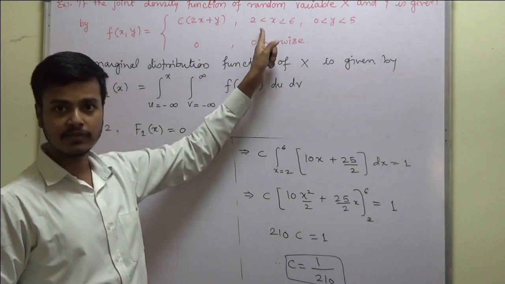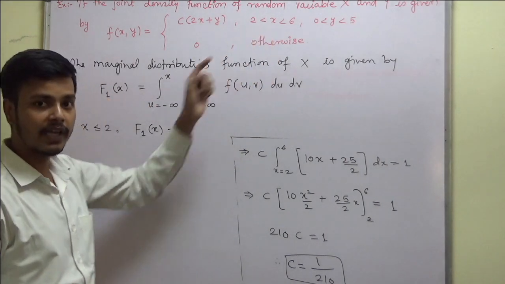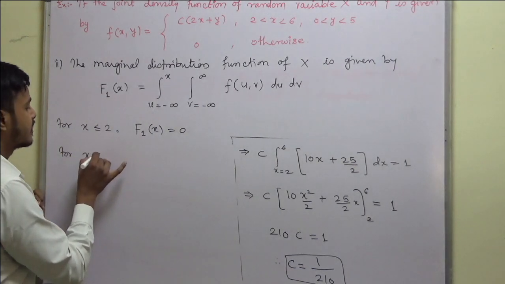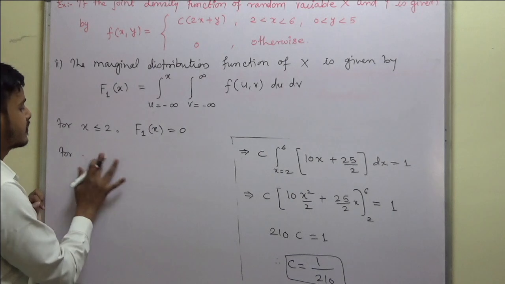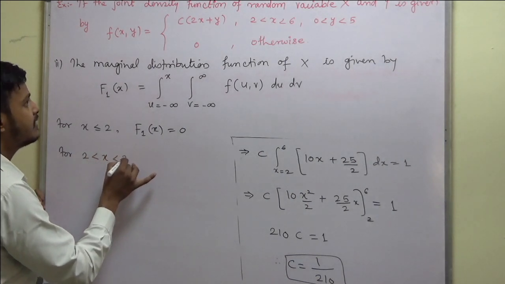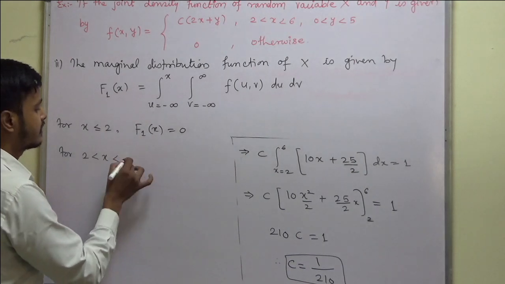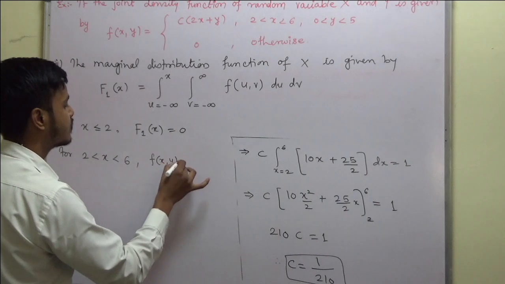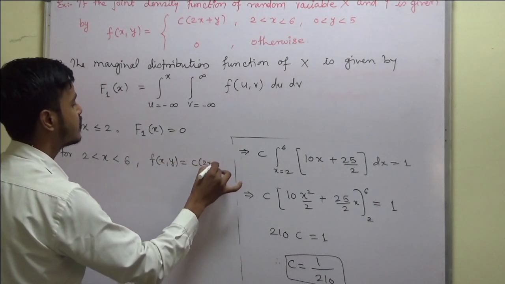Now go on taking the values of x. So for x greater than 2 but less than 6, what do we have? We have f of xy to be c times 2x plus y.